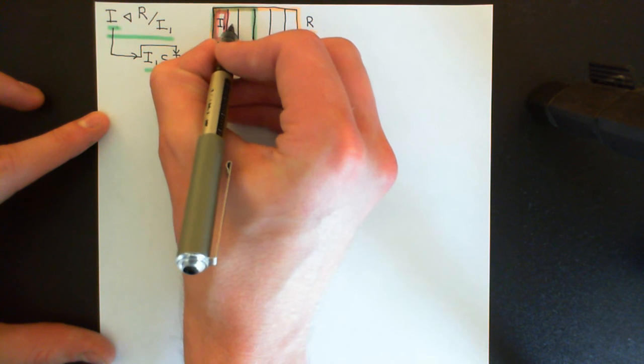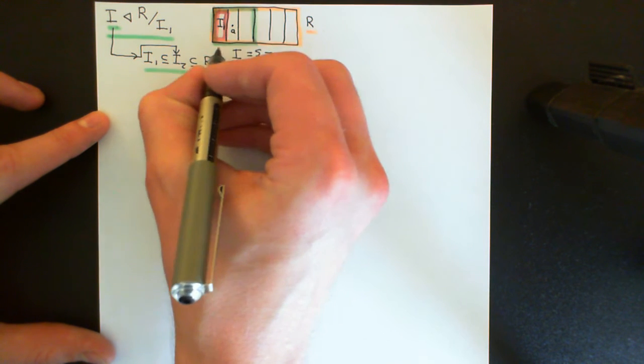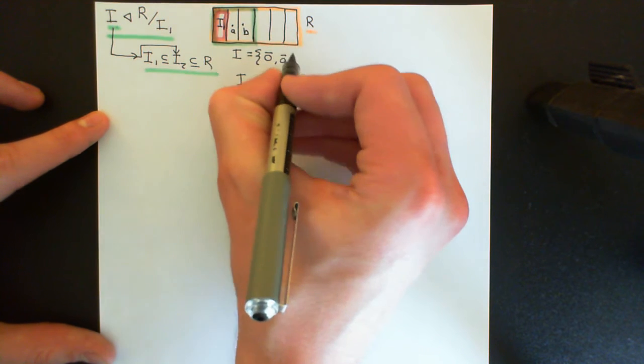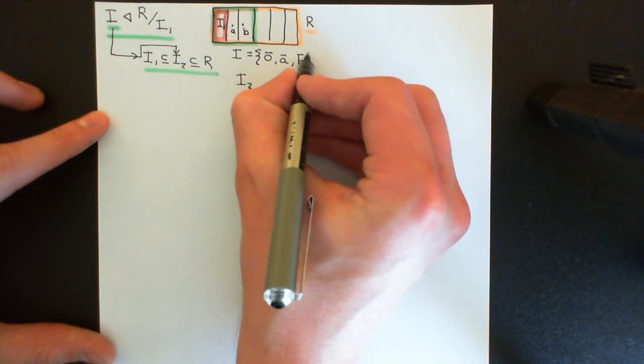Let's give some of these other cosets names. So let's say this one contains A, and therefore we can call that coset A bar. Let's say this one contains B, so we can call that coset B bar.